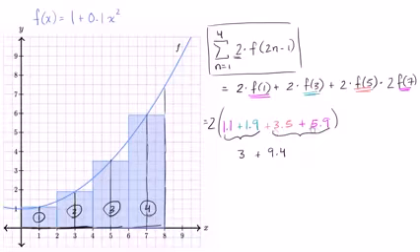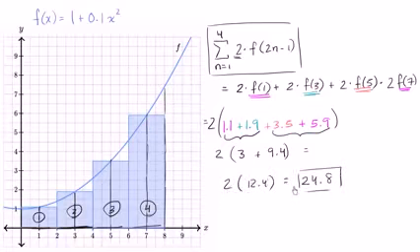Did I do that right? 3 plus 3 is 6, 0.5 plus 0.9 is 1.4. Yep. And once again, we have the 2 times it all. So this is equal to 2 times 12.4, which is 24.8, which is our approximation. Once again, this is just an approximation using these rectangles of the area under the curve between x equals 0 and x equals 8.